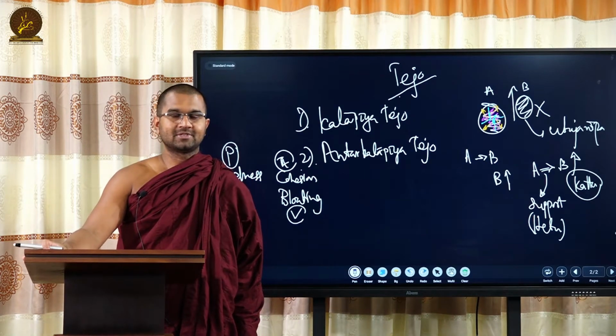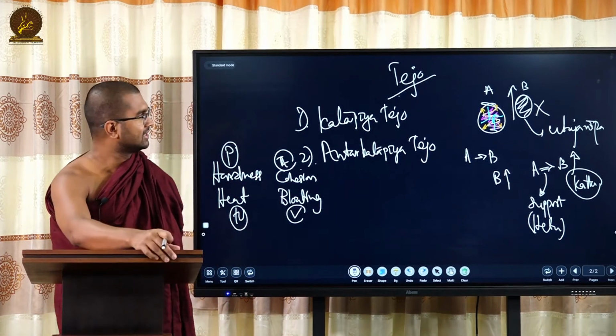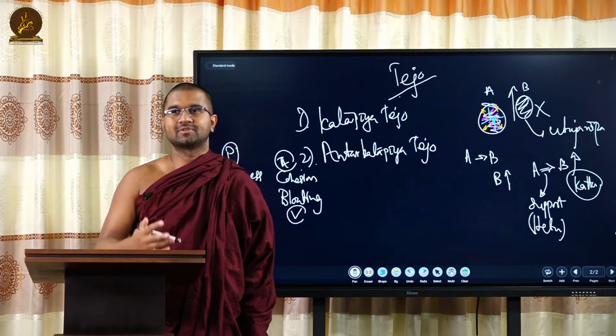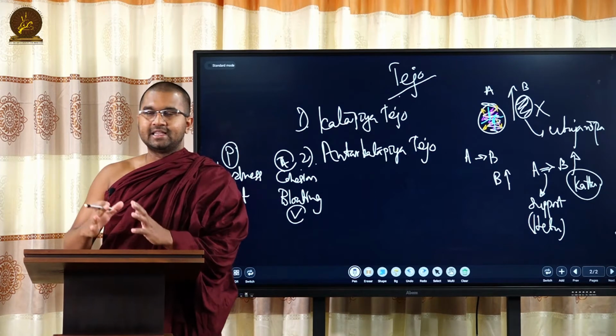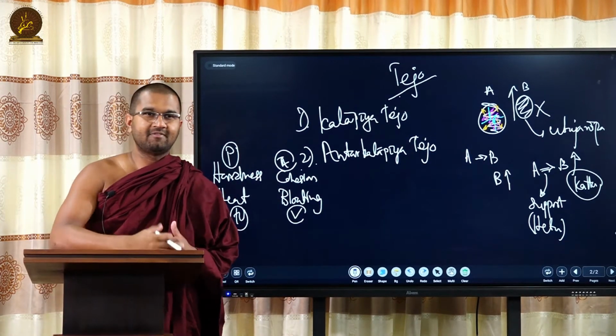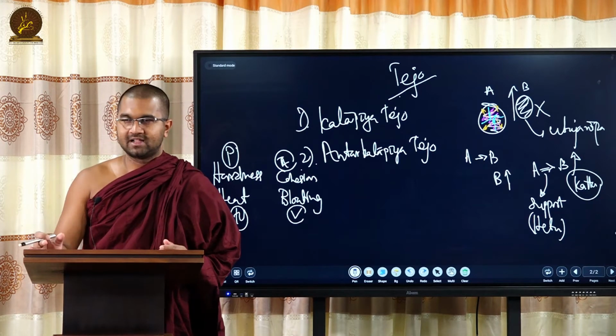Then there was the explaining of sabhava lakkana sunyata. Sabhava sunyata was, they explained the Paticcasamuppada and said that there is no self here. So they had two types of sunyata. In sabhava sunyata, they explained that there is no human being or specific person other than the functioning of reality. The Paticcasamuppada was explained to abolish the idea of a self.